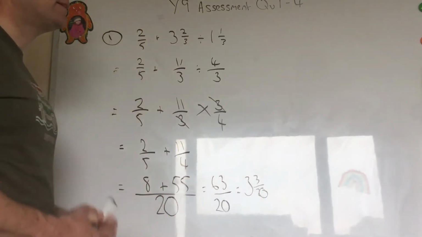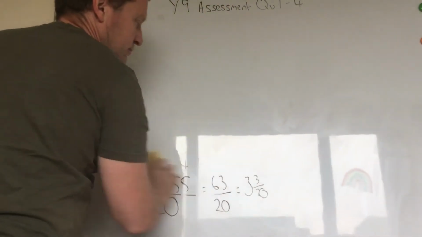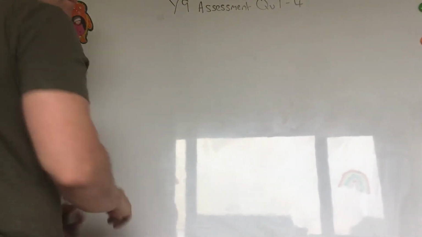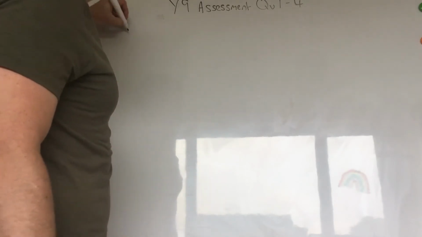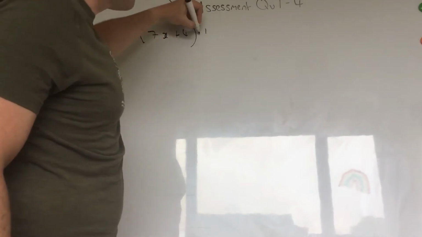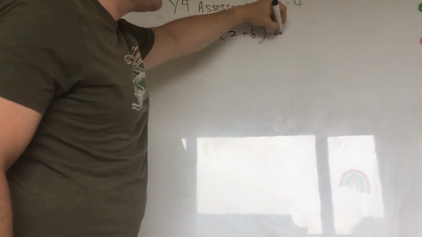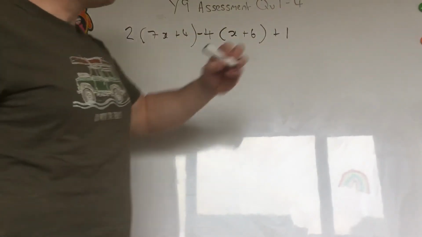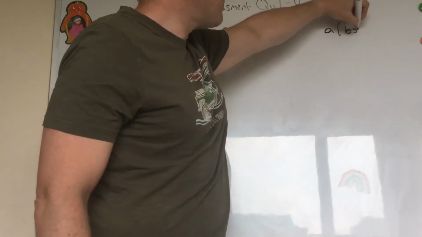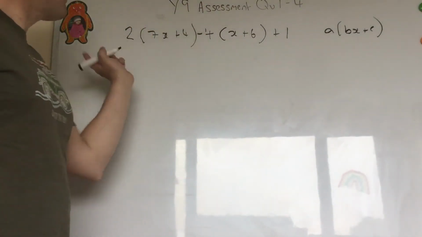Okay, hope that makes sense. Question 2, part A. We've got 2(7x plus 4) minus (4x plus 6) plus 1, and we've got to write it in the form a(bx plus c). Start off by expanding the brackets.